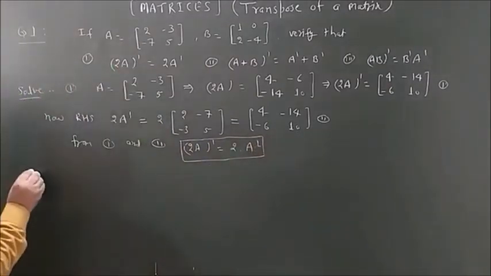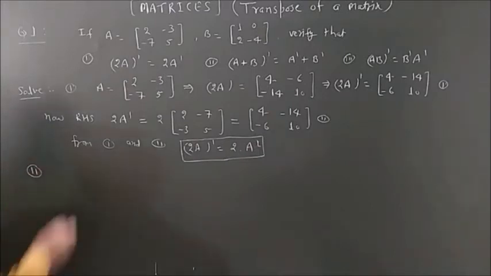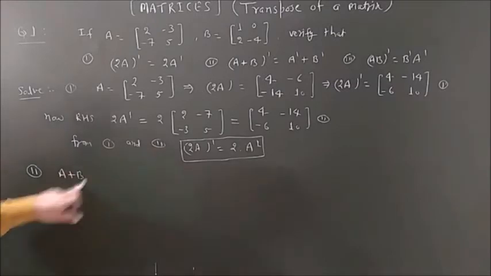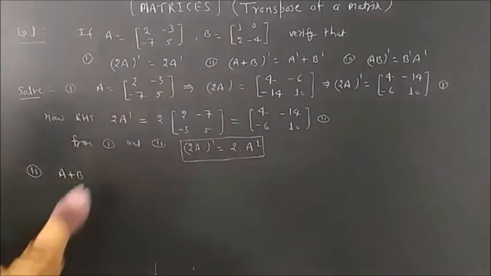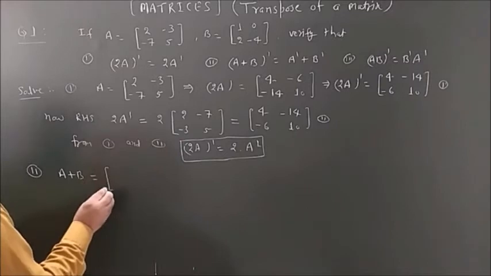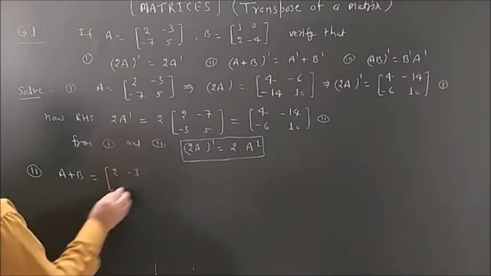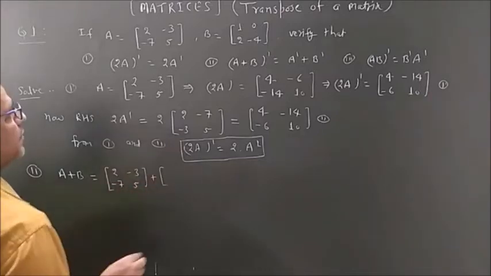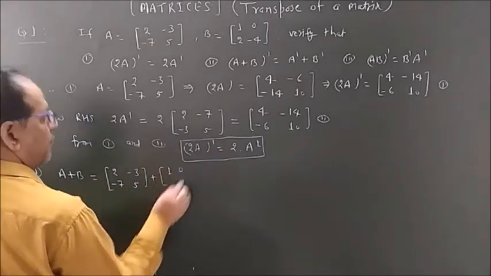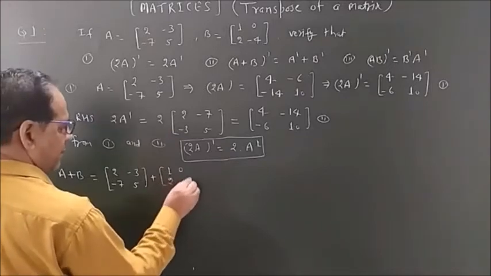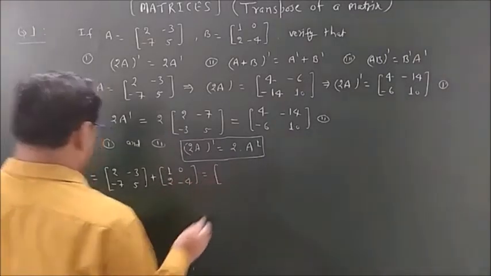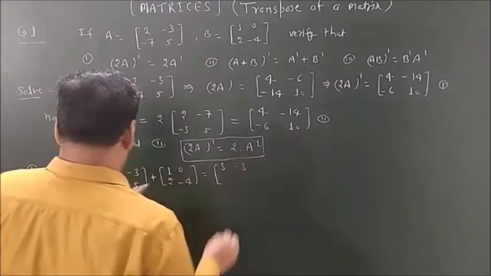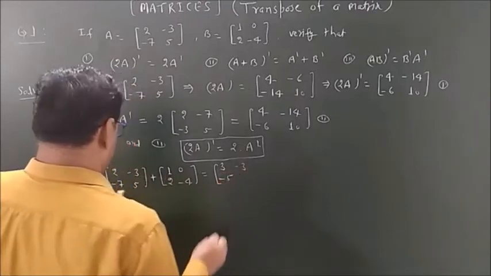The second part, A plus B. First we find A plus B. A plus B means [2, minus 3; minus 7, 5] plus B [1, 0; 2, minus 4], that means [2 plus 1, minus 3 plus 0; minus 7 plus 2, 5 minus 4], which is [3, minus 3; minus 5, 1].